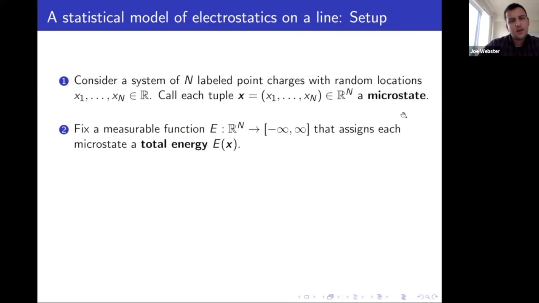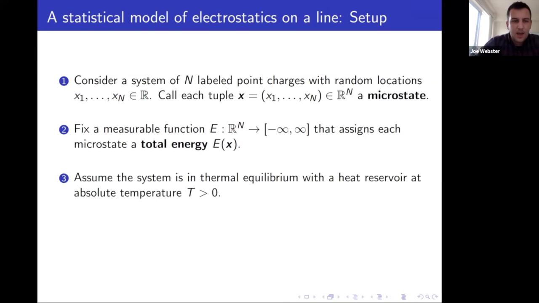And then I want to define on the space of all microstates an energy function. Now this can really be whatever you want, but we will pick a specific one very shortly. It can be really quite general depending on what setup you're trying to work with. So here I'm just going to call E(X) the total energy for a microstate X. And this is an important assumption, but we don't need to worry too much about it.